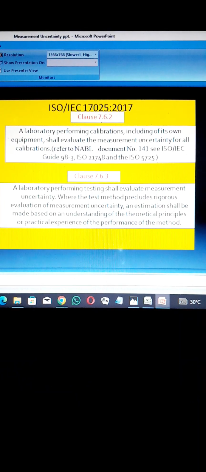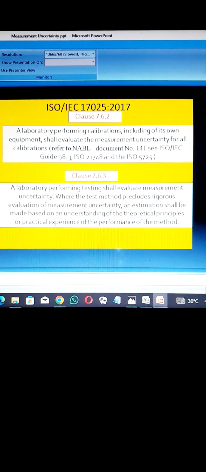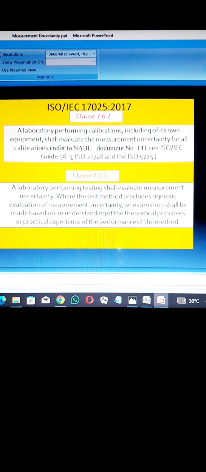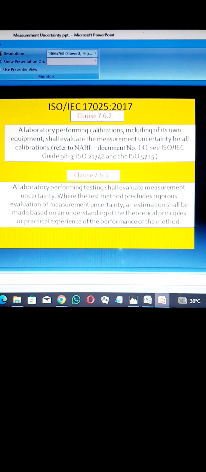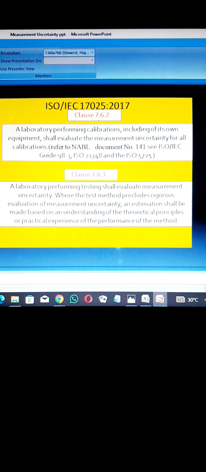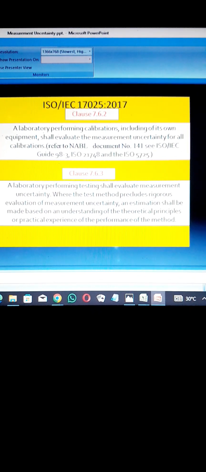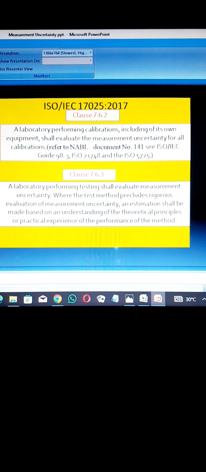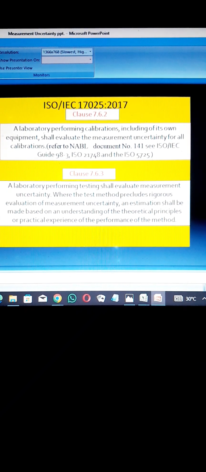Clause 7.6.2 says that a laboratory performing calibration, including of its own equipment, shall evaluate the measurement of uncertainty for all calibrations. For this we can refer to EA-4/02 document. Also we can refer to ISO/IEC Guide 98, ISO 21748 and ISO 5725.